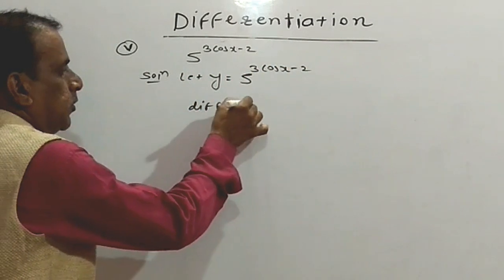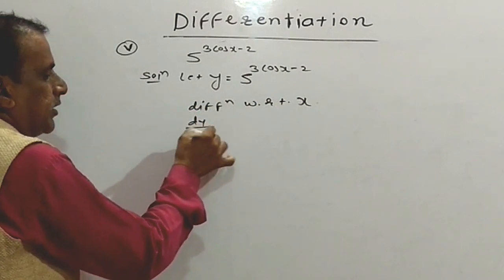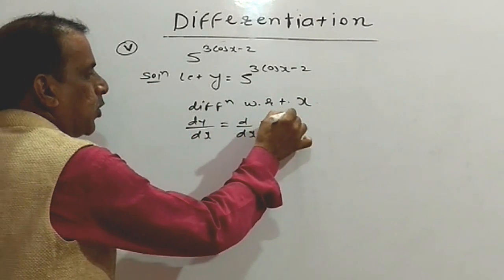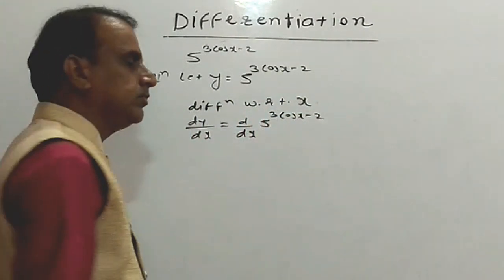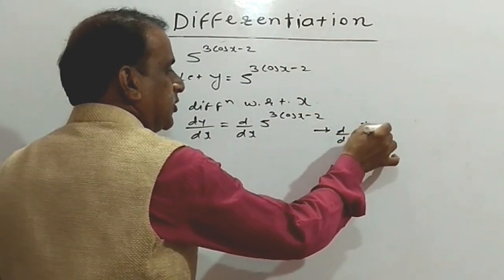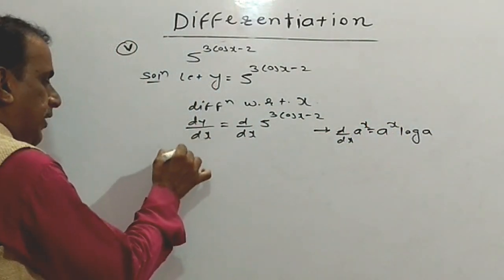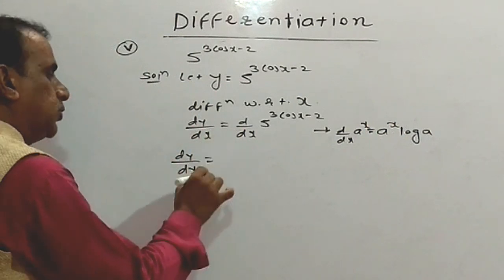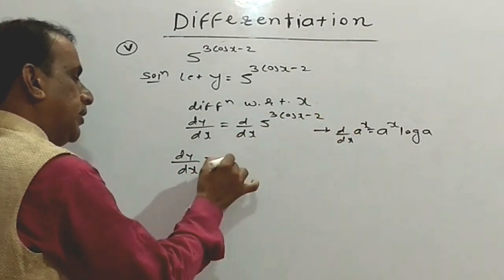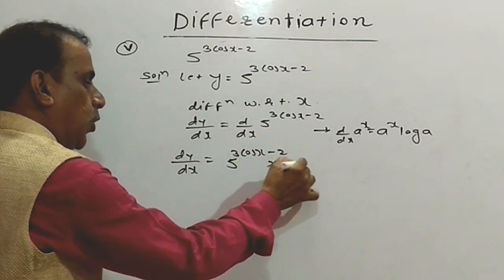Differentiate with respect to x, so dy/dx is equal to the derivative of 5 to the power 3 cos x minus 2. Apply this formula: the derivative of a to the power x is a to the power x into log of a. So dy/dx is the derivative of 5 to the power 3 cos x minus 2, which is 5 to the power 3 cos x minus 2 into log of 5.